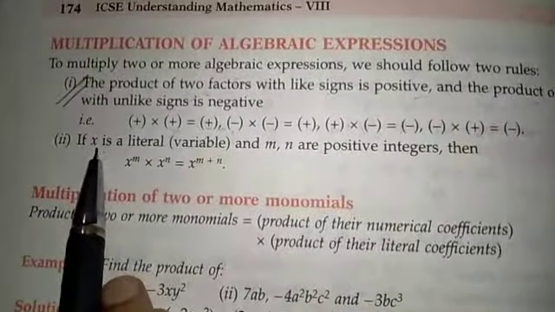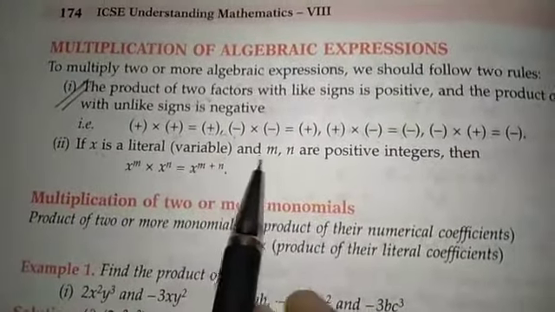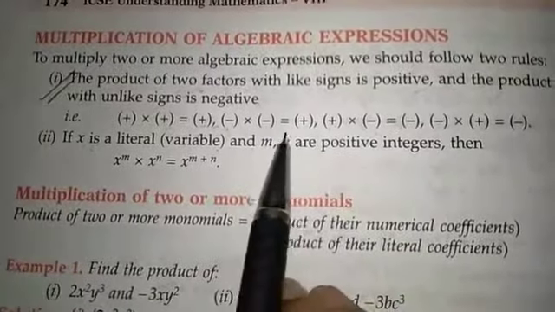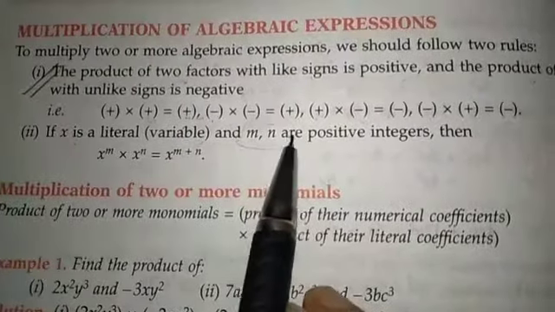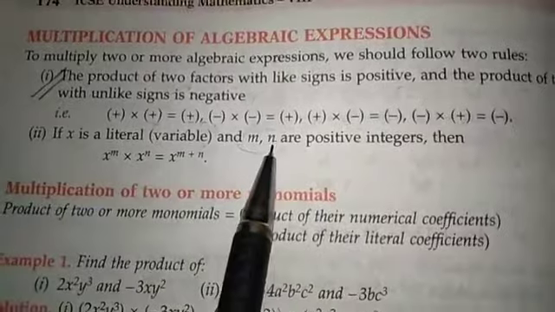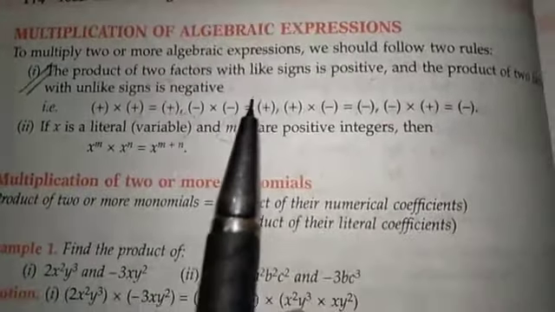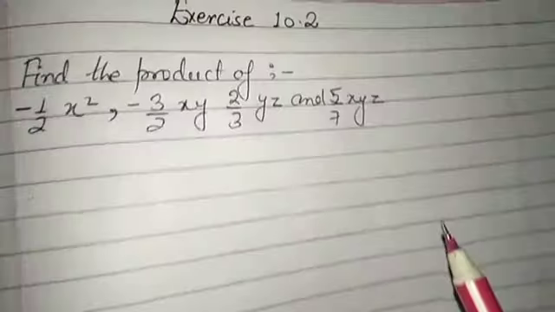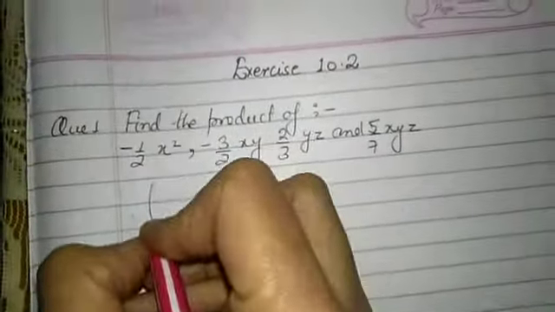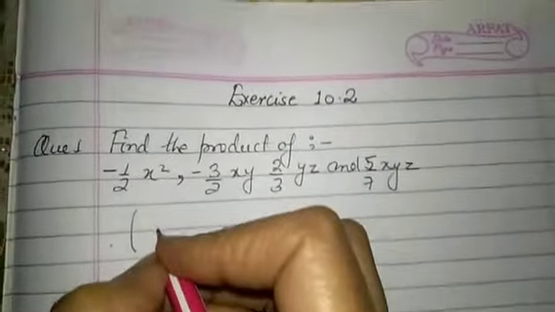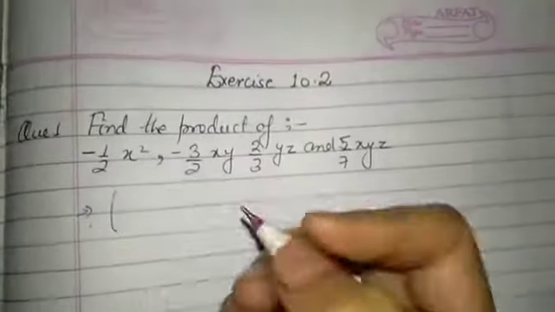If x is a variable and m, n are positive integers, in case of a product, the powers will be added, the way we were doing in exponents and powers. Look at this first question. Here also, the same: I will write all the coefficients together in one bracket.